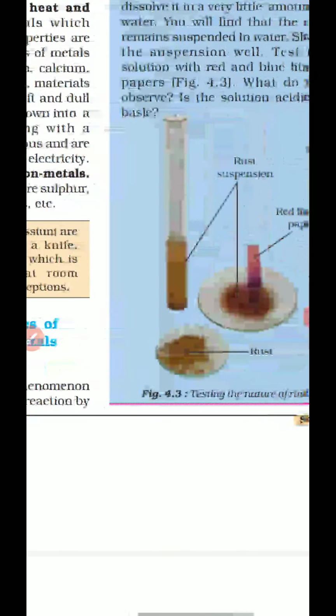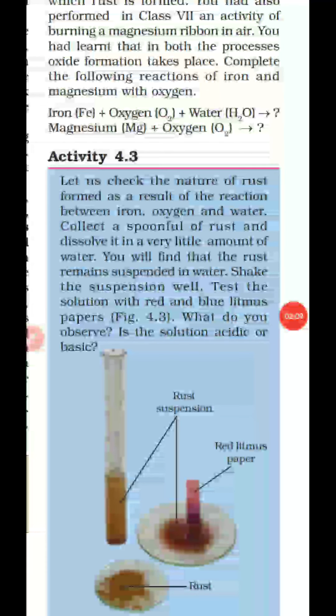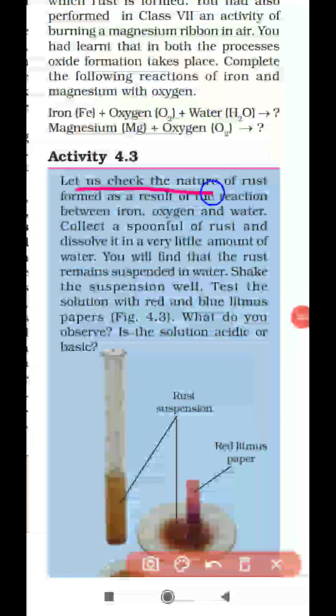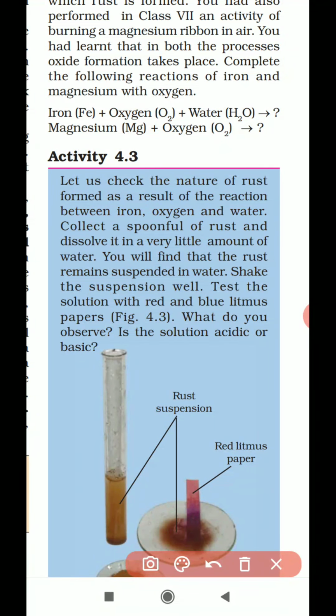Now let us enter into the next activity. The activity is to check the nature of rust formed as a result of the reaction between iron, oxygen and water. As I have shown you in the picture, rust is a reddish brown coating on the iron nail, because the iron nail has reacted with oxygen as well as with water.